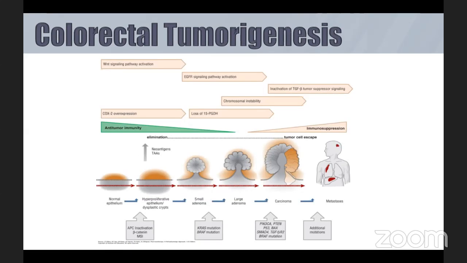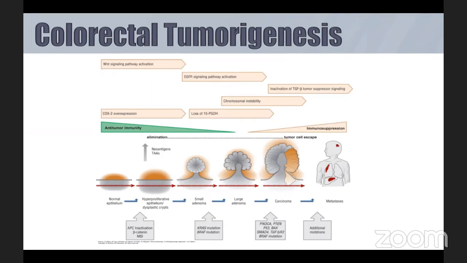Tumorigenesis of colorectal cancer usually starts with normal epithelium. Then there is more cell division, causing a small adenoma. The adenoma is usually benign, and we don't worry about it. But if it gets larger and larger, it leads to a large adenoma, and then to carcinoma.